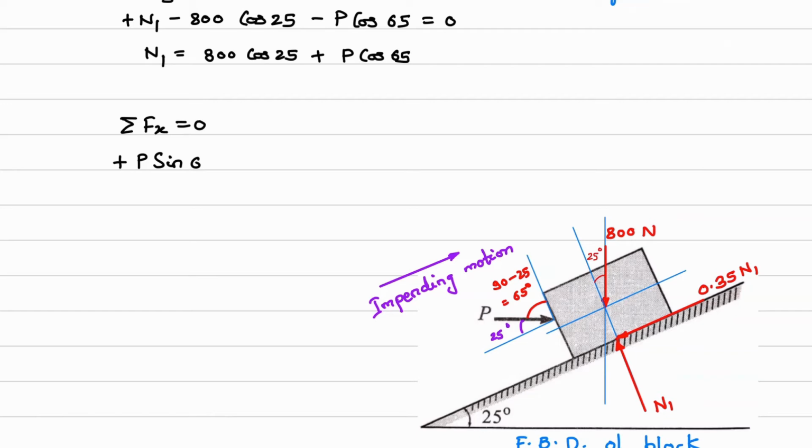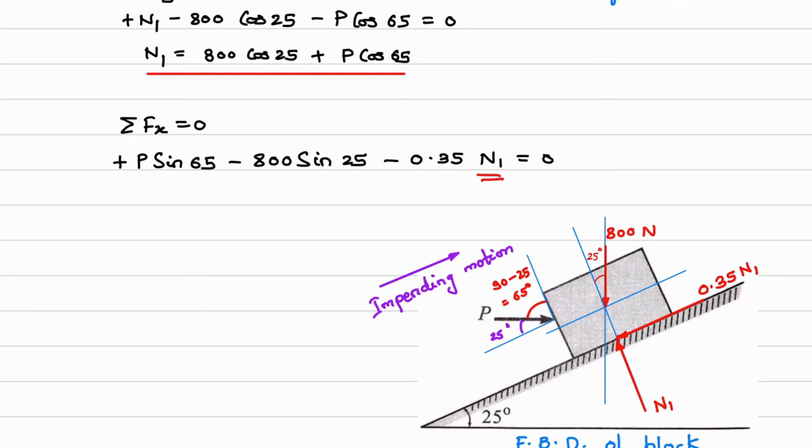Then weight is downward, its x component is towards left, so minus 800 sine 25. And the friction force, since impending motion is up the plane, is downward, so it will be minus 0.35 into N1, equal to 0. Now the N1 value we have already calculated over here, so we can substitute the value of N1.